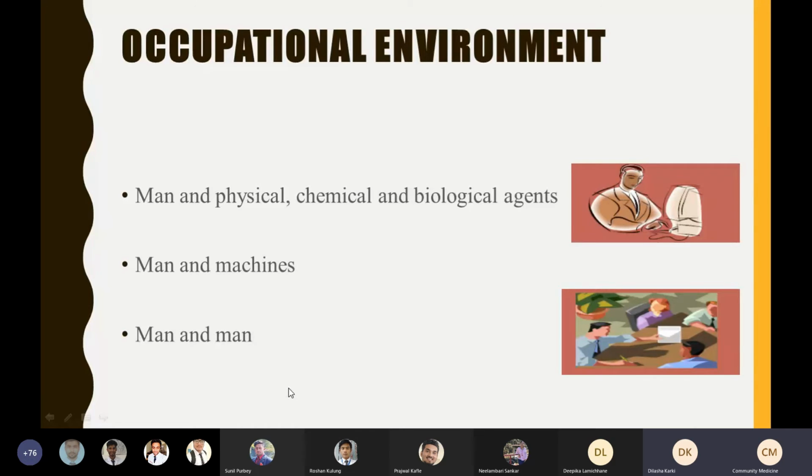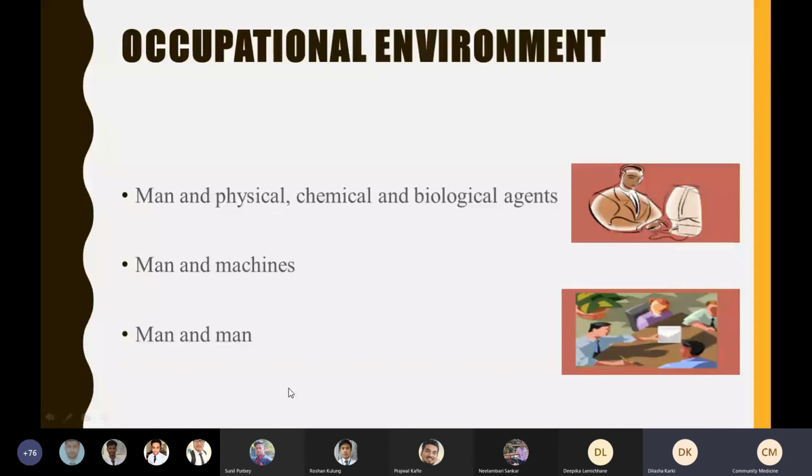In that environment there will be heat radiation. They have to work in a very high heat room. Along with that, light, noise, vibration and ionizing radiation come under the physical agents. These factors will affect the health of the workers, and also the production efficiency of the workers.